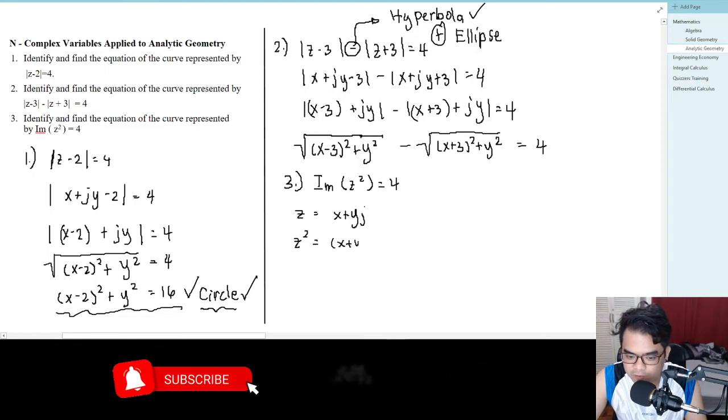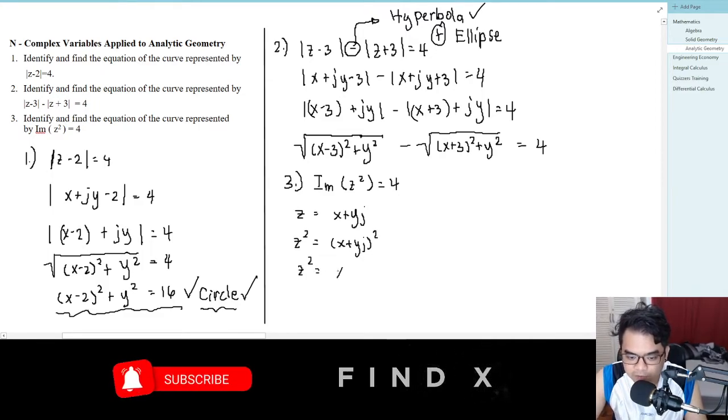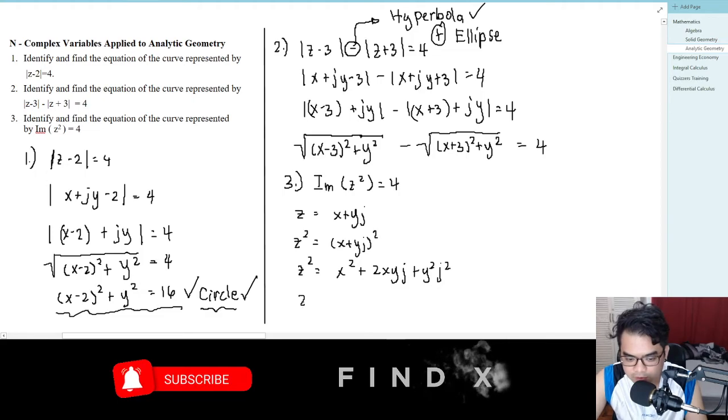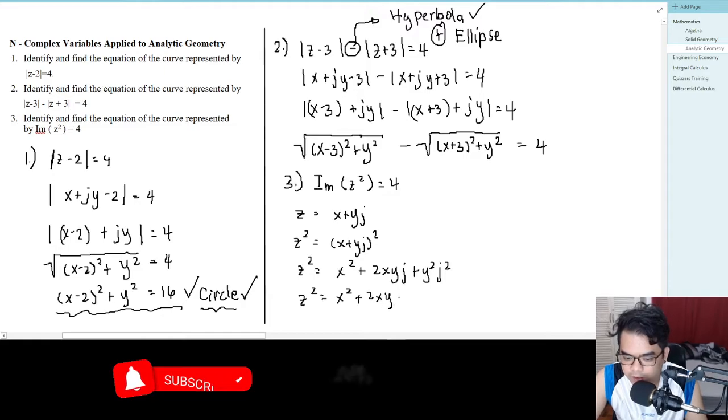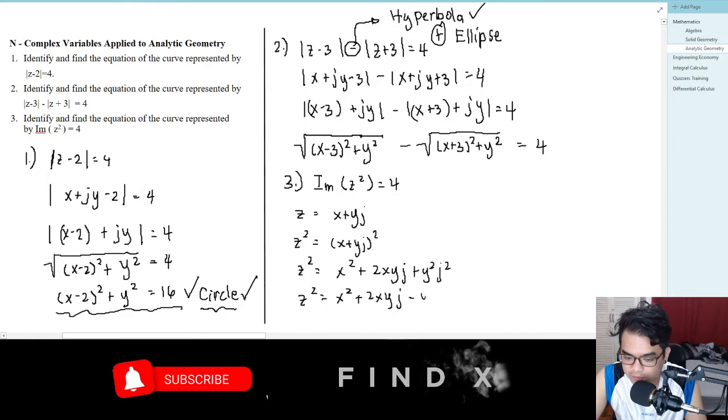So (x + yj) squared. Therefore, you can say that z squared is just equal to x squared plus 2xyj plus y squared j squared. Simplifying that, you'll have x squared plus 2xyj. So j squared is equal to negative 1, right? So negative y squared.